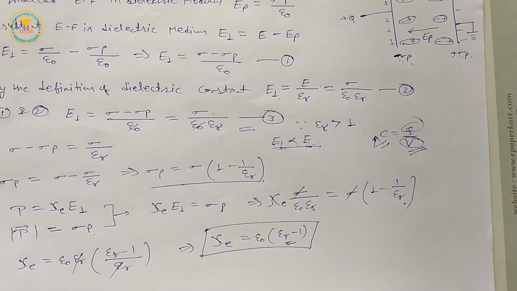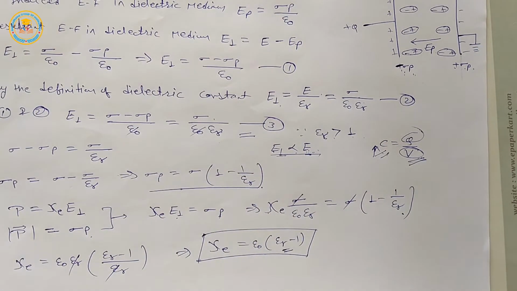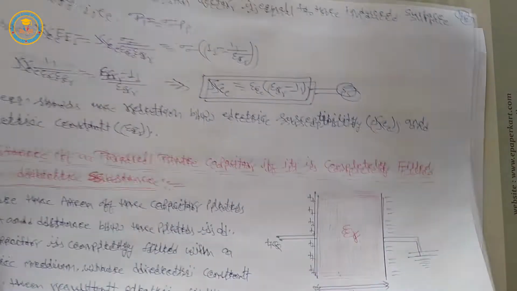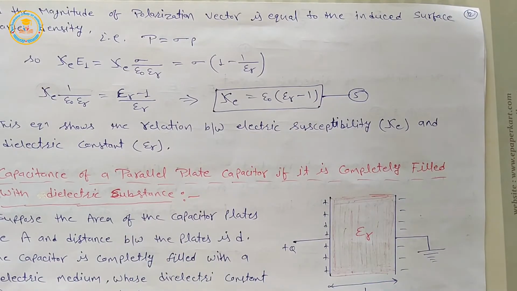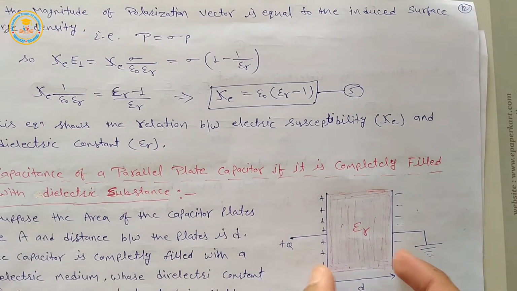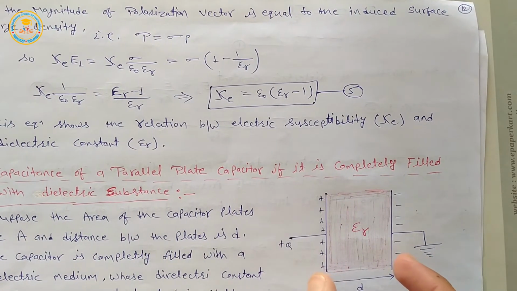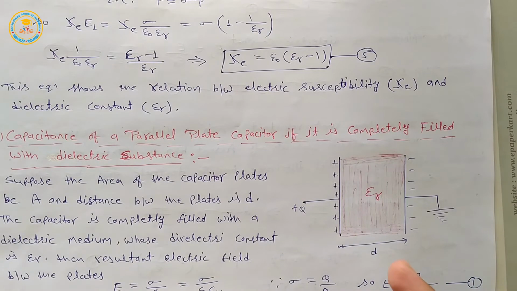Okay, students, now we fill a dielectric substance in a capacitor completely. So our next topic: capacitance of a parallel plate capacitor if the dielectric is completely filled in between the plates of a capacitor. Due to this, what effect do we get on the capacitance?